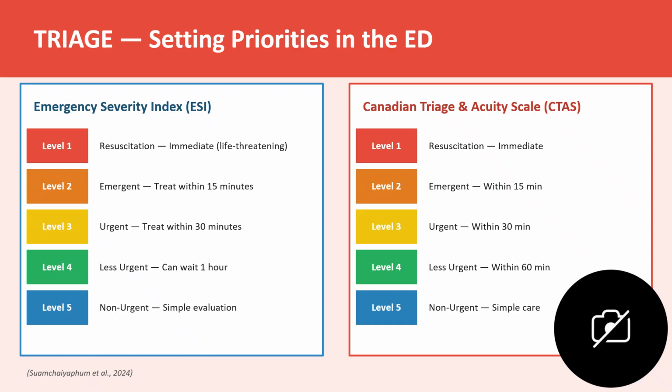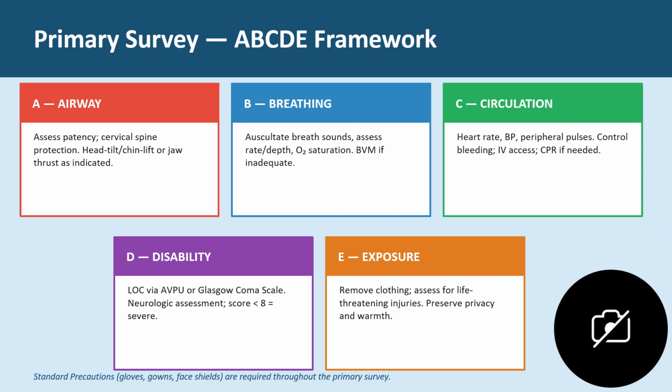So let's move to slide 4. What is the primary survey and what is the ABCDE framework? How do you assess the patient? This framework is airway, breathing, circulation, disability, and exposure.